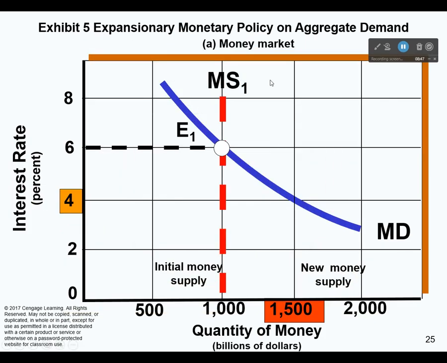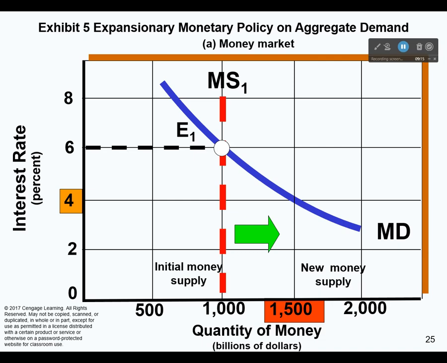So here we have what the Keynesians would consider expansionary monetary policy on aggregate demand. Here's our money market. Okay, we have an initial quantity of money of $1 trillion. We have an intersection here with the money demand curve, and we have interest rates at 6%.